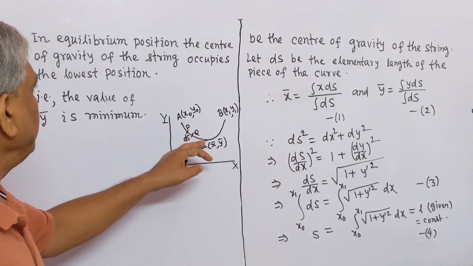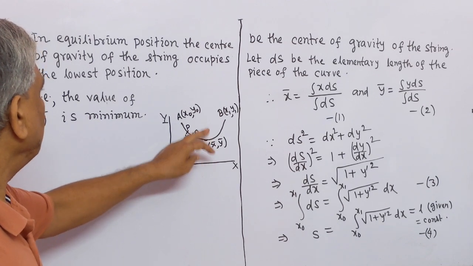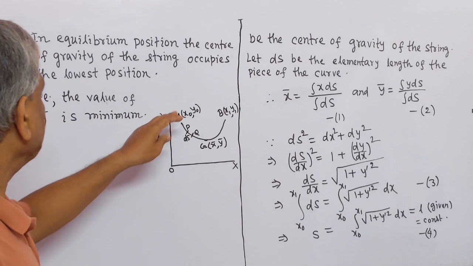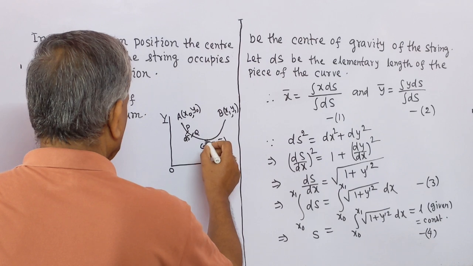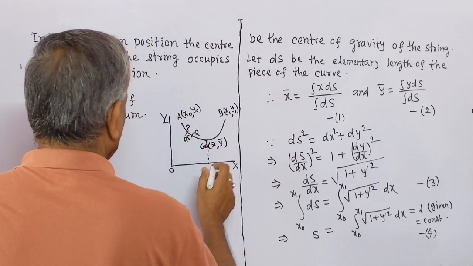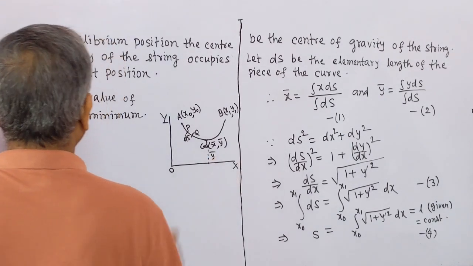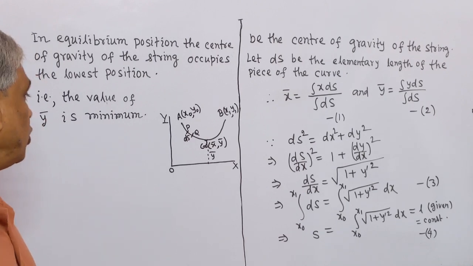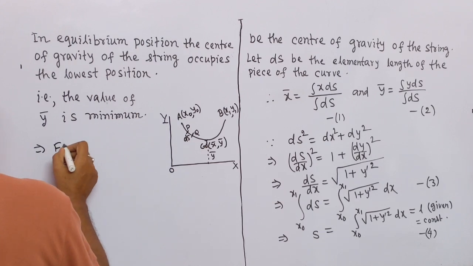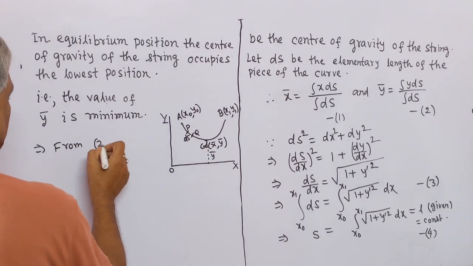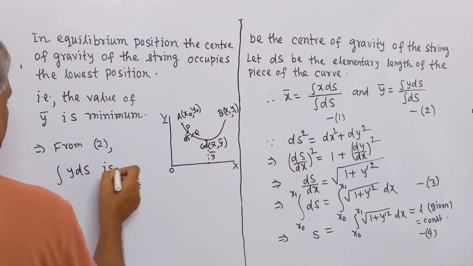Since in equilibrium position the center of gravity G of the string occupies the lowest position, means height of the G from x-axis is lowest and this value is y bar, that is the value of y bar is minimum, implies that from 2, integration y ds is minimum.